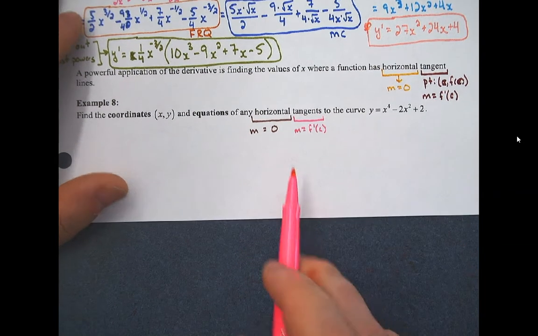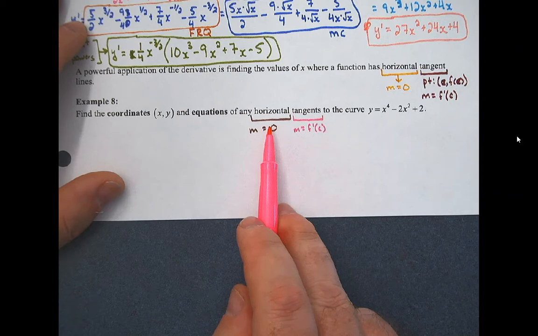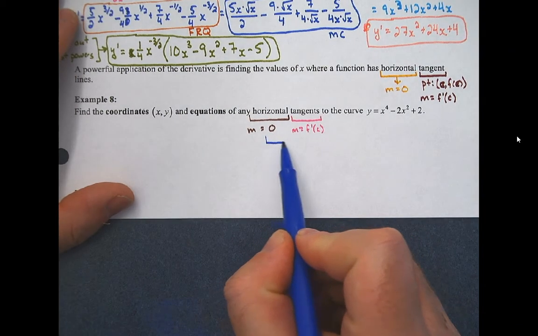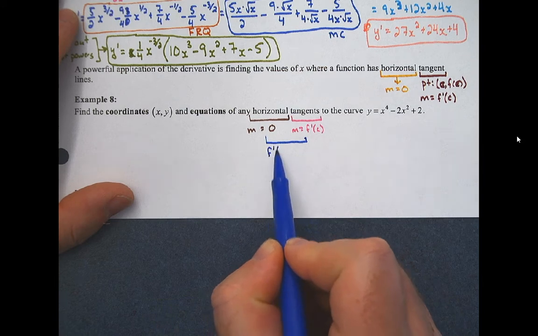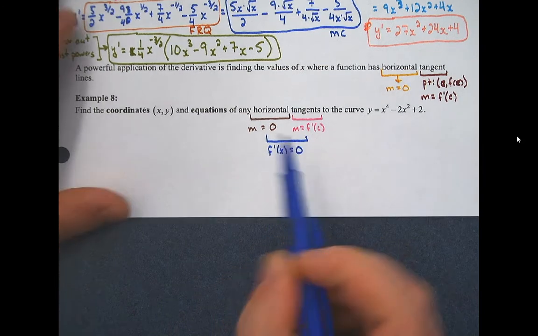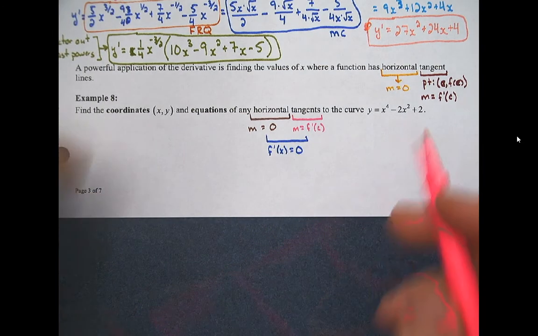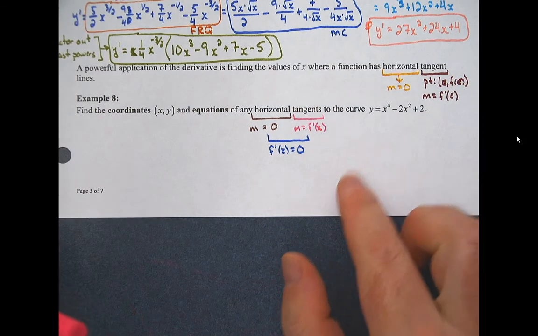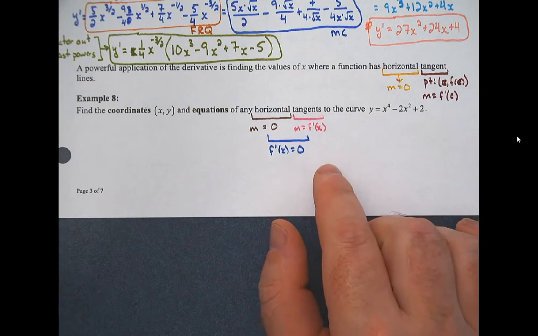So I would need to figure out where f prime of x is equal to 0. Maybe I should use x's. I'll go back and forth on that one.